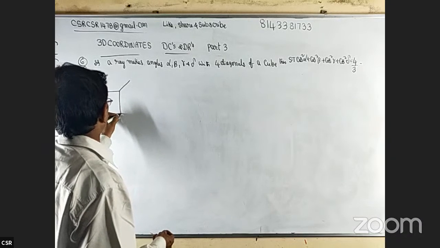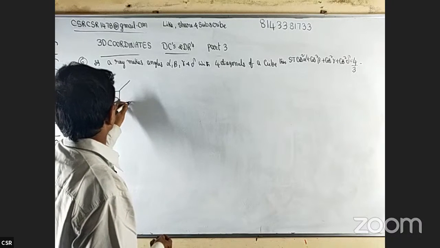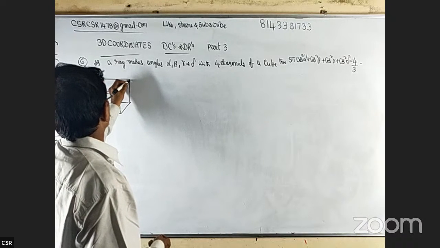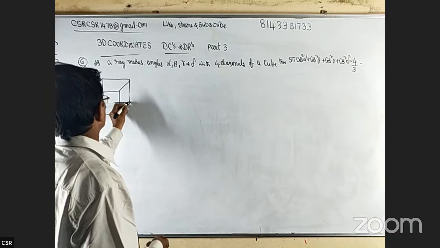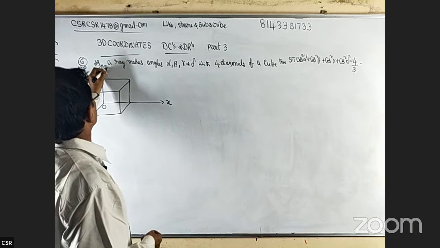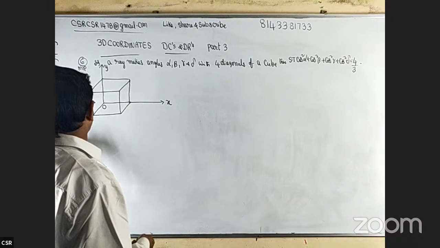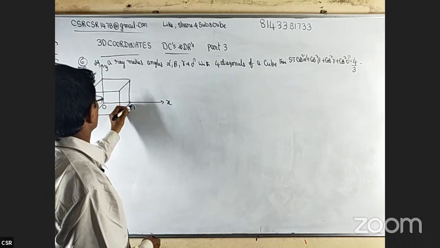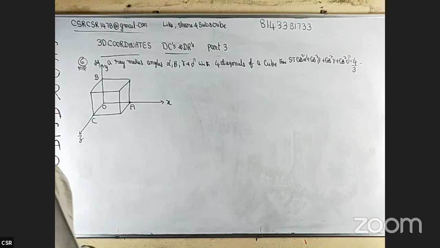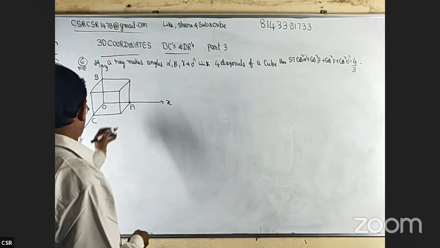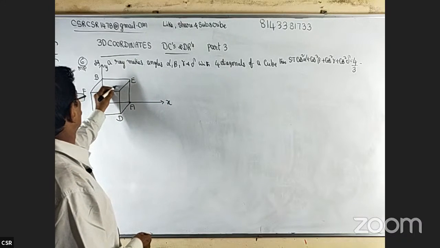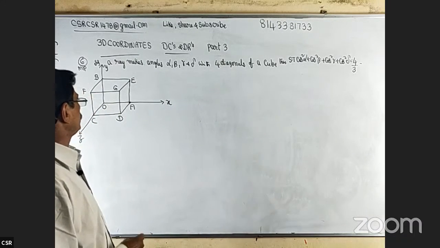Cube. This is the origin, x-axis, y-axis, z-axis, A, B, C, D, E, F, G. Please observe here.